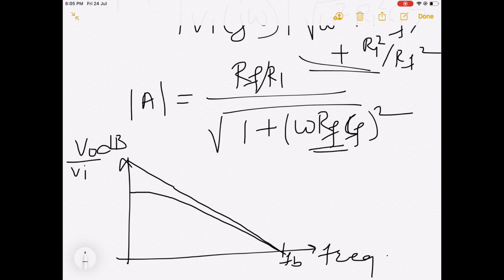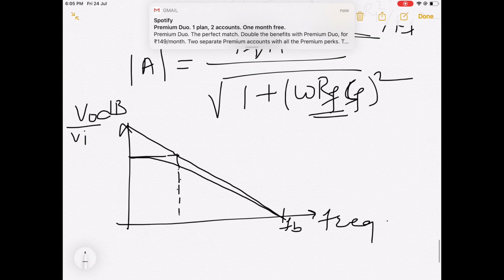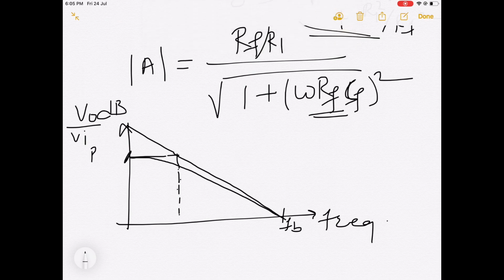Okay. So here ideally your response can be drawn like this. Okay. So here gain is RF upon R1. Okay. Here 0 dB, and this frequency is nothing but FA.